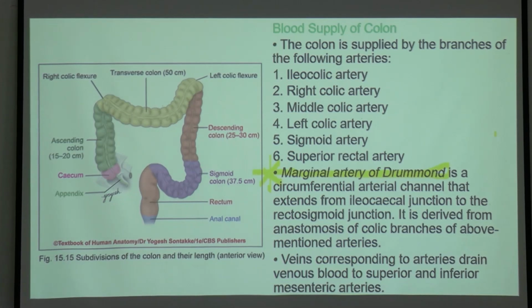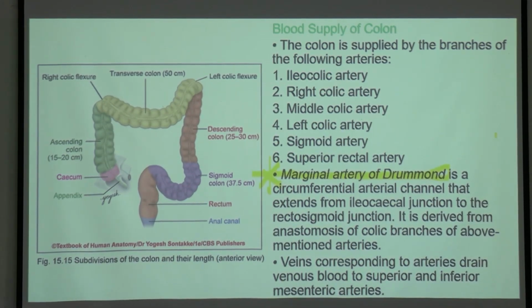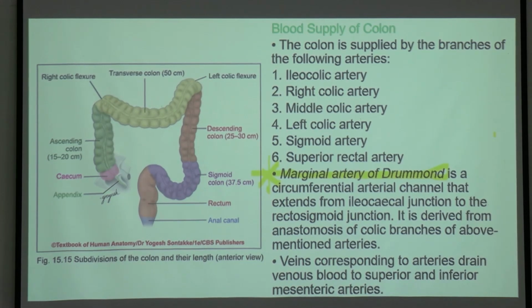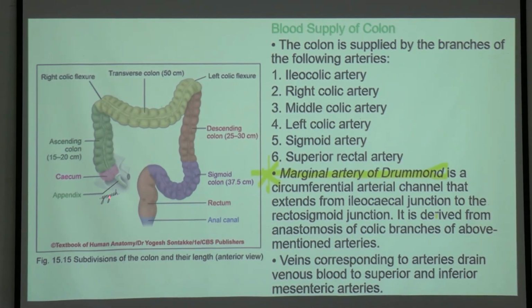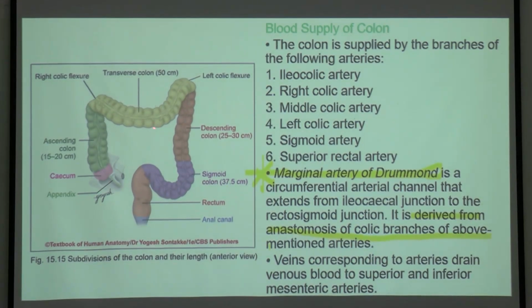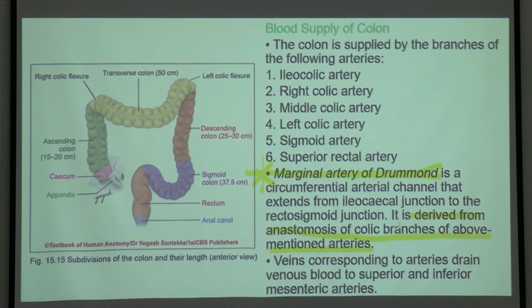So we can expect that that part of the gut will not get any blood supply. No. Because there is a continuous arterial supply at the margin, which is being contributed by middle colic, ileocolic. So that is the marginal artery of Drummond. Actually, it is being contributed by all these arteries.